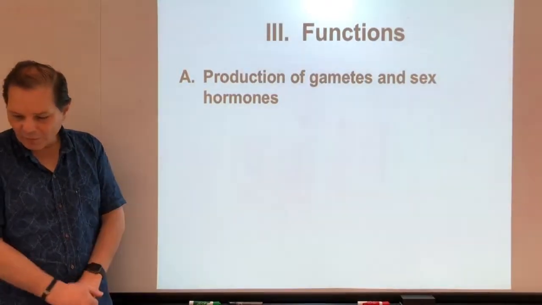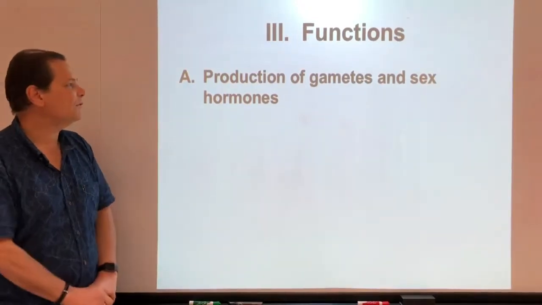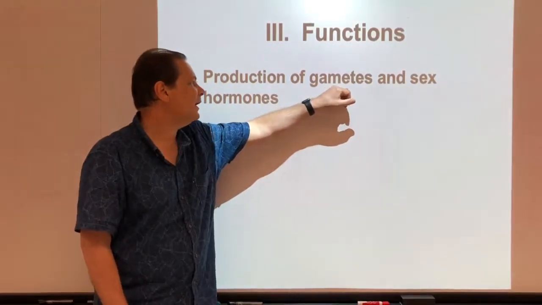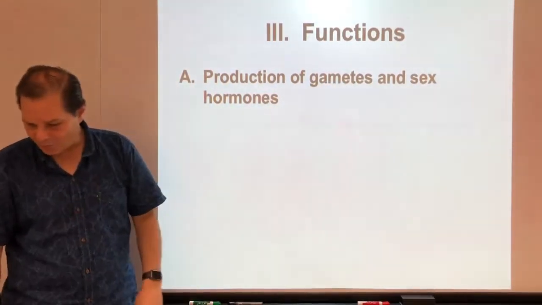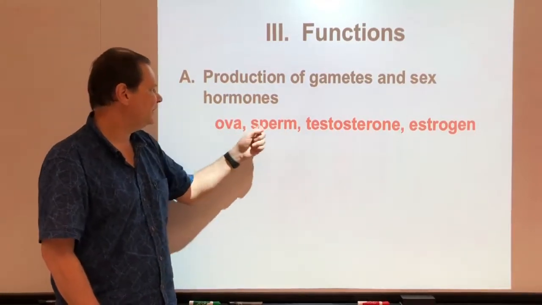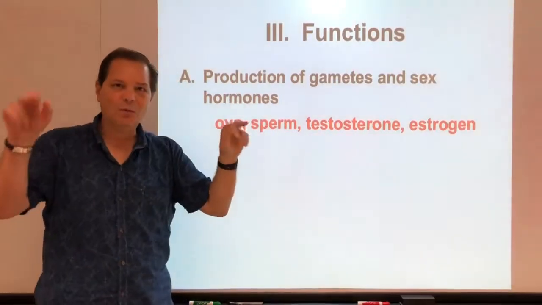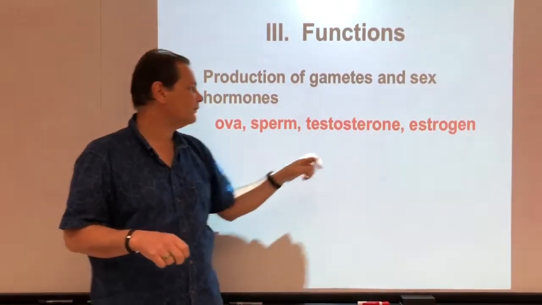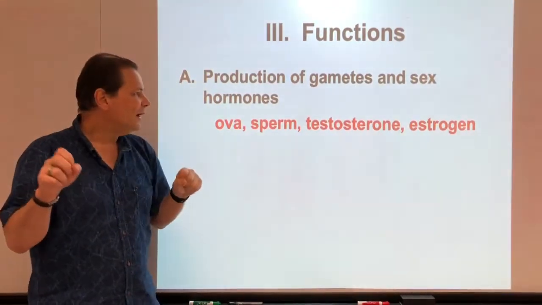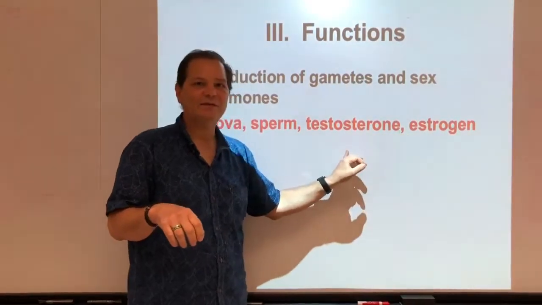Okay? So, in terms of functions, function number one is to produce the genetic material, produce gametes, and the sex hormones, and by that we mean basically ova in the ovaries and sperm in the testes in the male. Testosterone is the, quote, male sex hormone, a steroidal hormone. Estrogen is the, quote, female hormone. I put those in air quotes because they exist in both sexes.